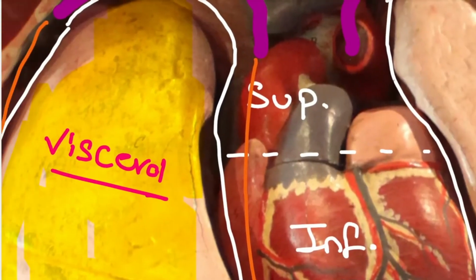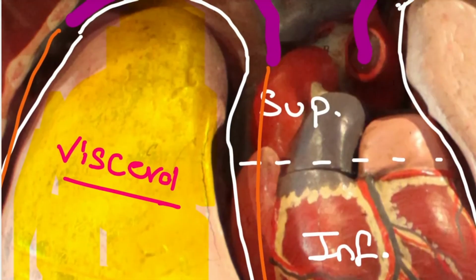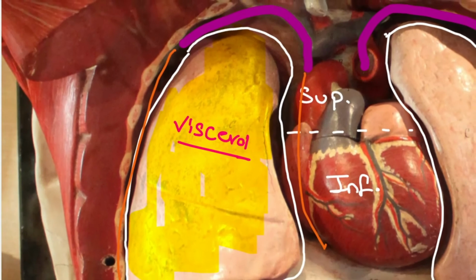Similarly, on the medial side, we have the transition between the parietal pleura of the mediastinum, that is the mediastinal pleura, and the costal pleura, since ribs are present anteriorly, laterally, and posteriorly. So they are continuous throughout, and it is the costal pleura which is being joined with the mediastinal pleura, and that transition is known as the costo-mediastinal recess.